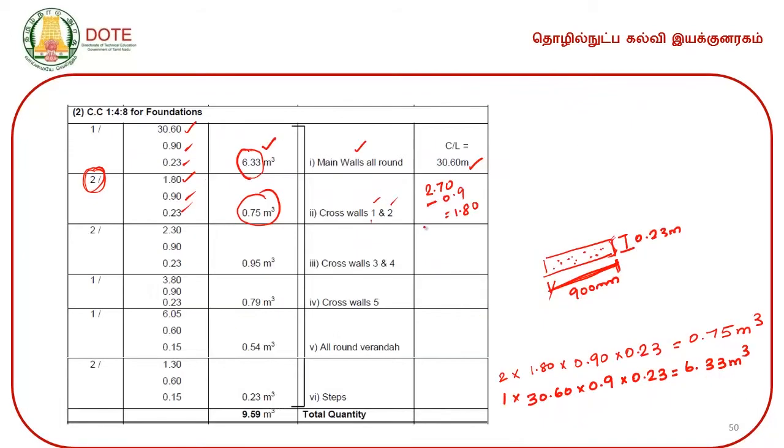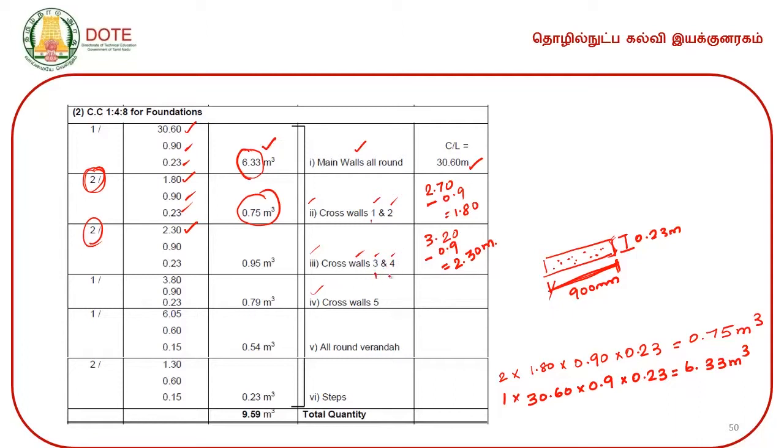That is 3.2 meter. Then we have to subtract the breadth.